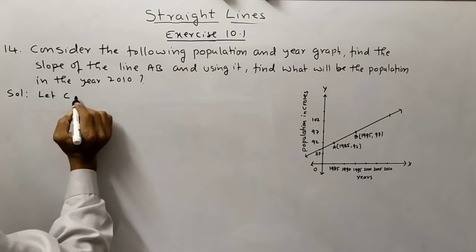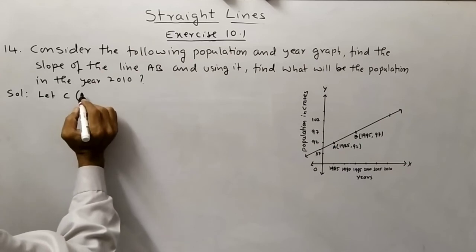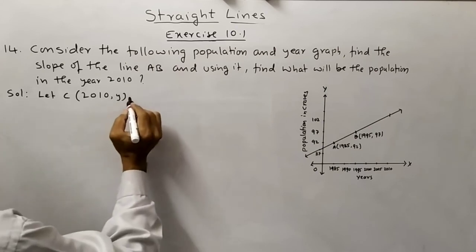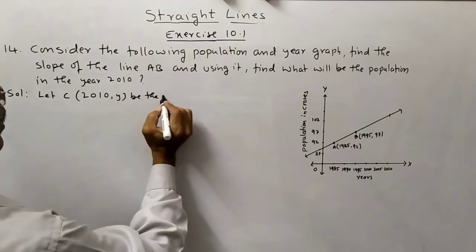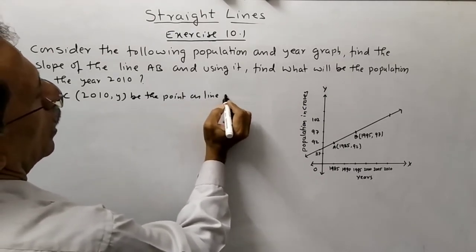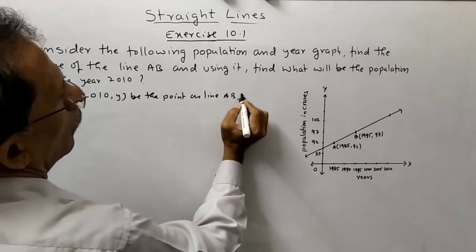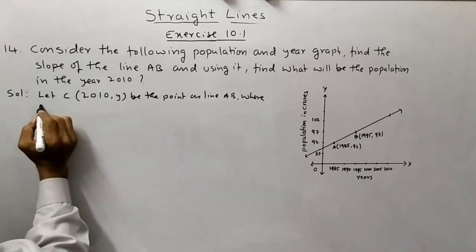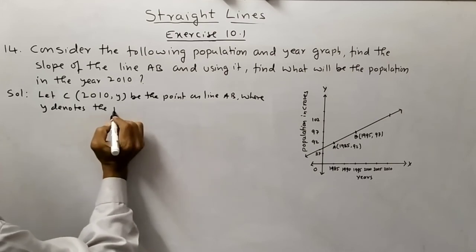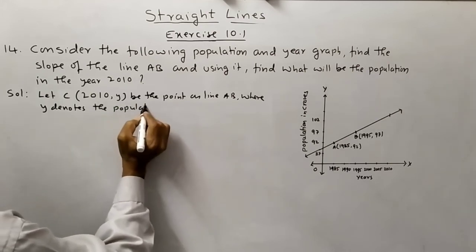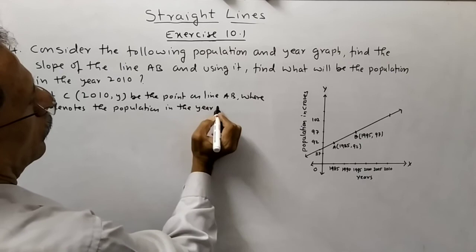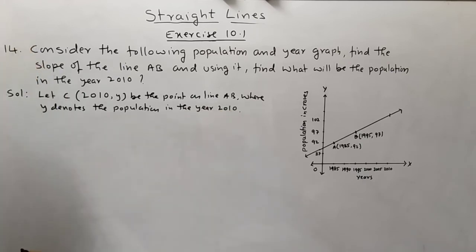Let C with coordinates 2010, y be a point on line AB where y denotes the population in the year 2010.